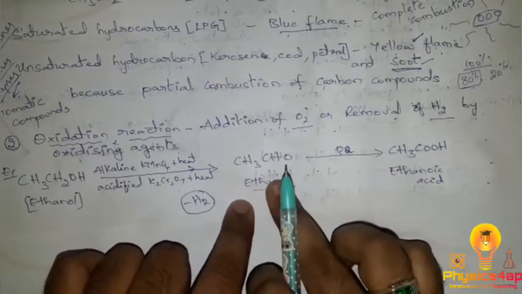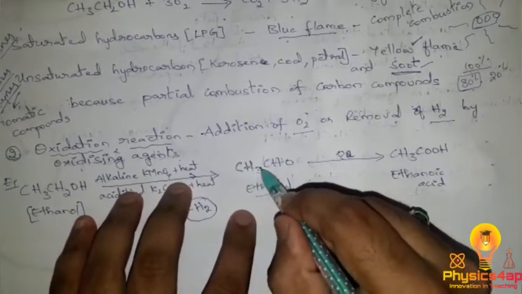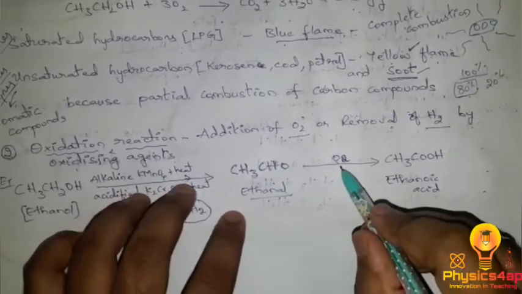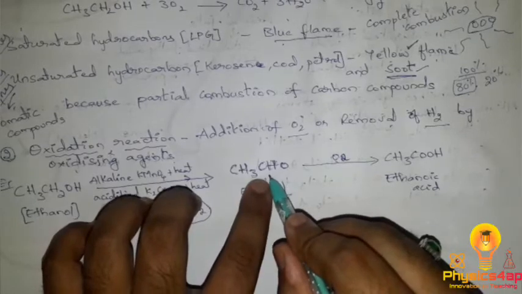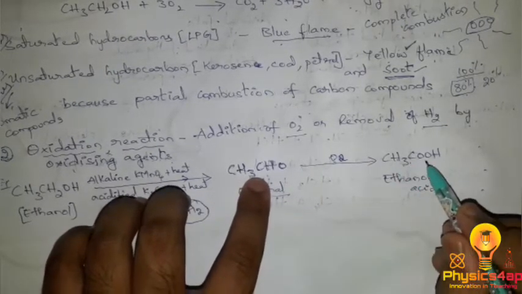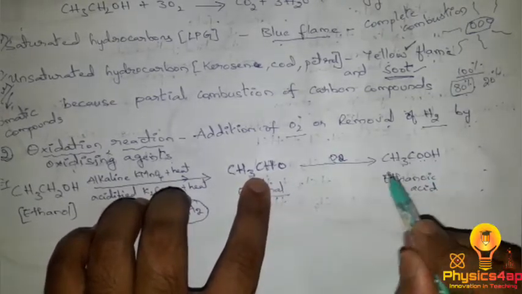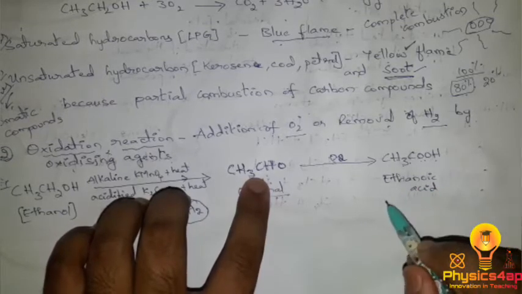When we add oxygen to the ethanol, as two hydrogen atoms are present, one hydrogen atom gets combined here to form CH3CO, and the O which comes over here gives OH, CH3COOH, which is called ethanoic acid, or also called acetic acid.